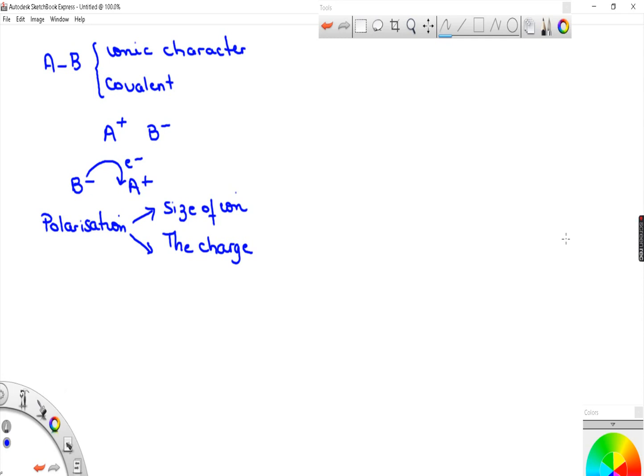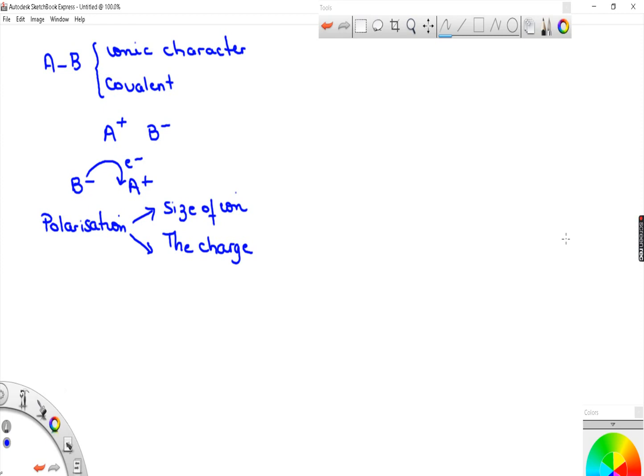Large charge on both ions will also favor covalency. And if the positive ion does not have the electronic configuration of a noble gas, the polarization will tend toward covalency.